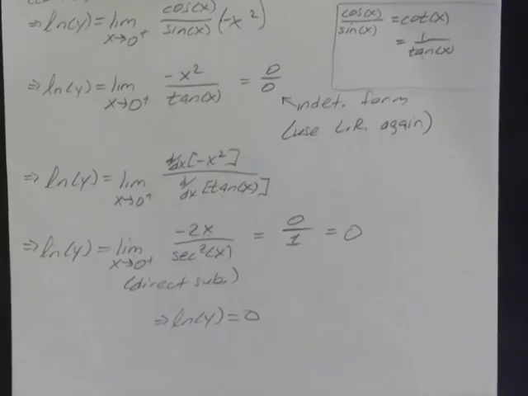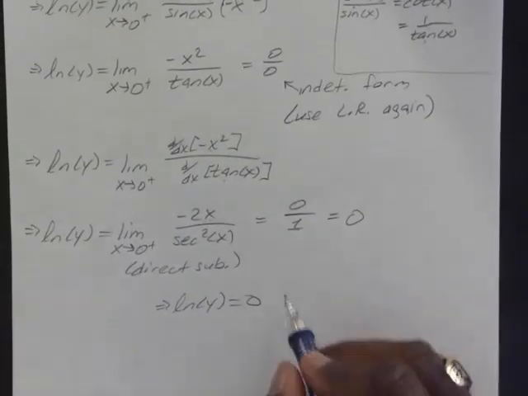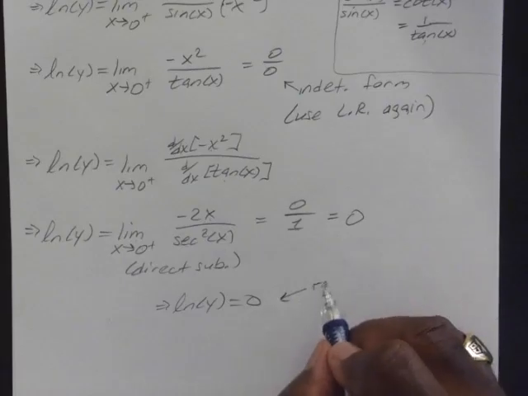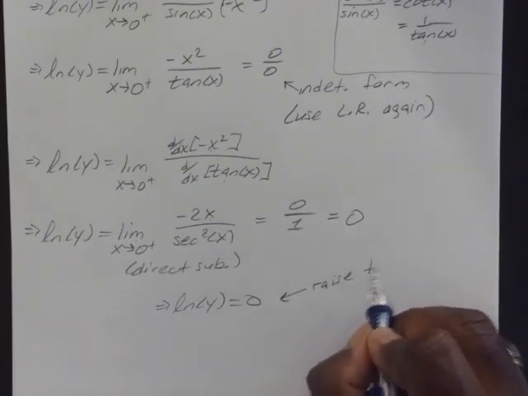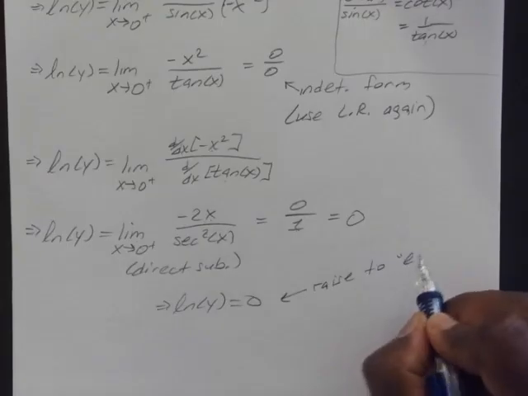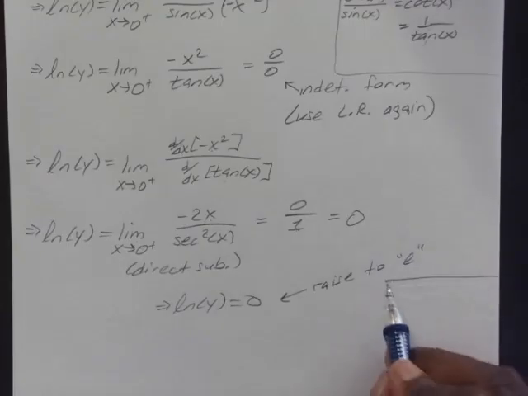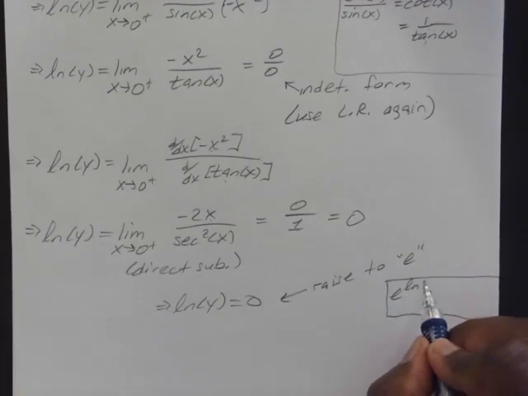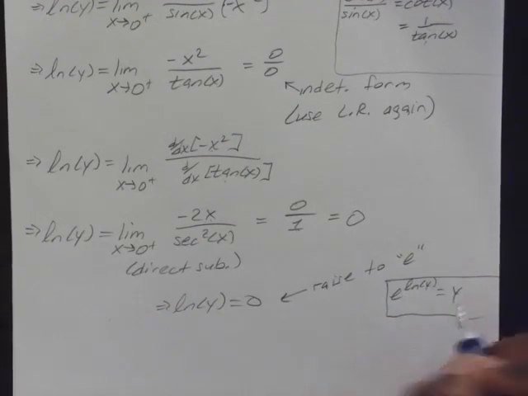Which means we have to raise both sides to e. Because remember that e to the power of natural log of y is just equal to y.